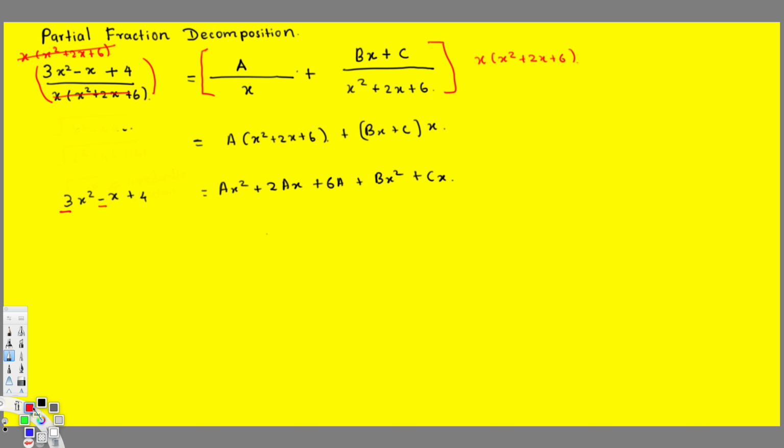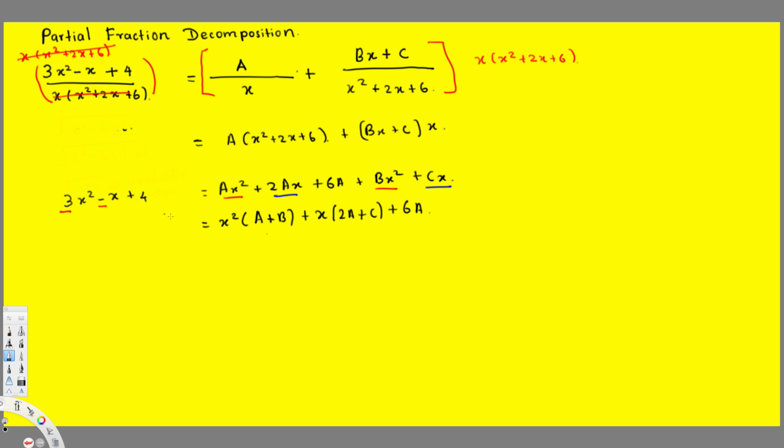Let's bring all the x squared terms together and the x terms together. a and b have x squared, so we add them, a plus b, and then I take x common: 2a plus c, and on the other side we are going to have 6a. So this is the thing we have.